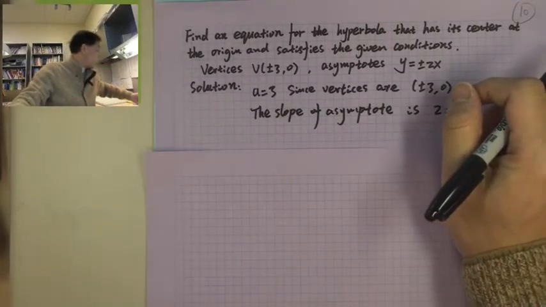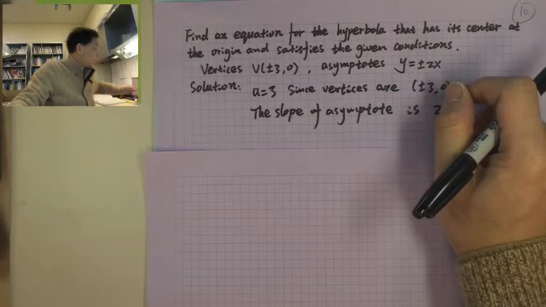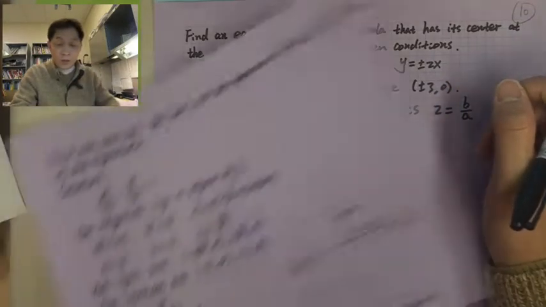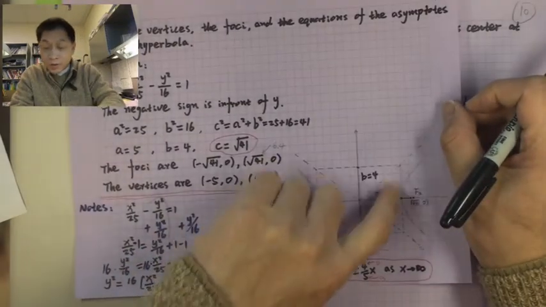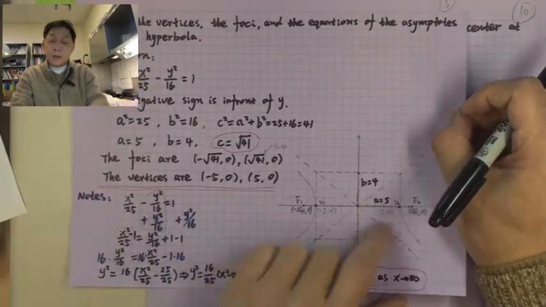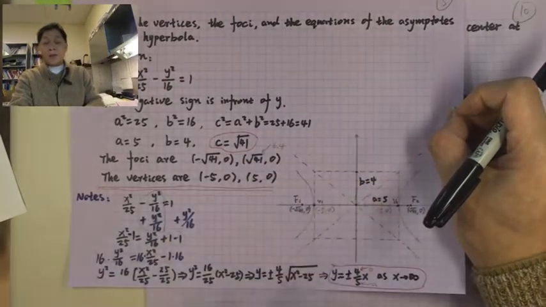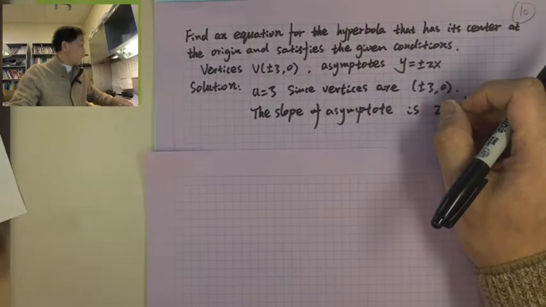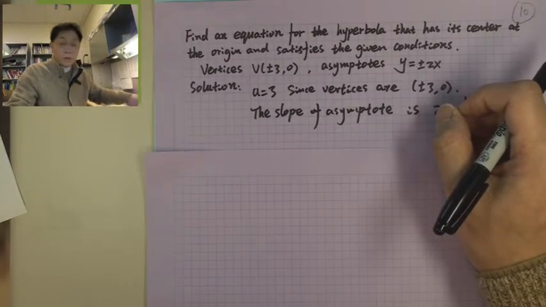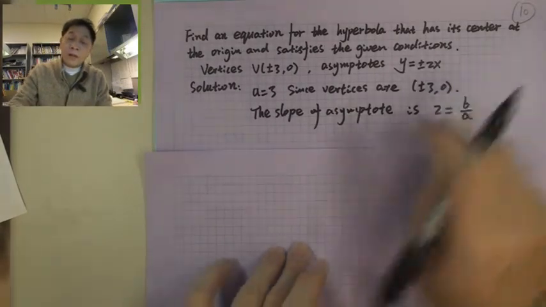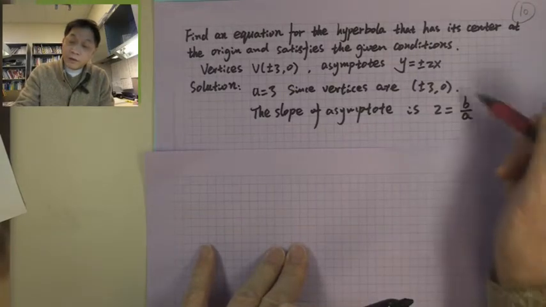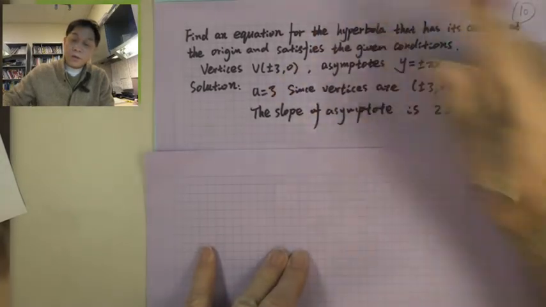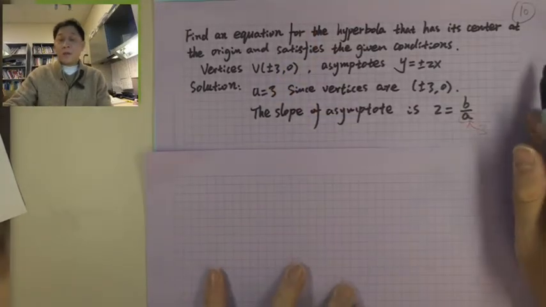If you remember from a previous lecture, b over a is the slope if the branches are in the horizontal direction. You have 3 for a, so then you can find b.